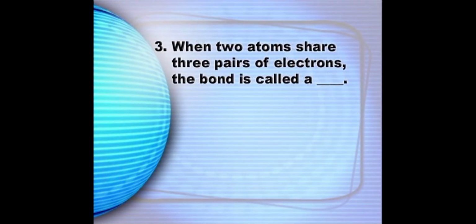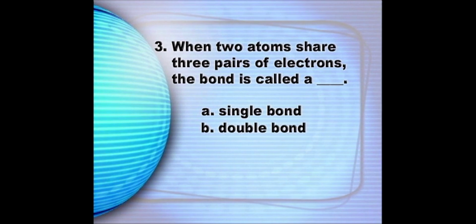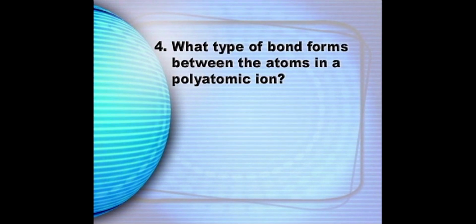Number 3. When two atoms share 3 pairs of electrons, the bond is called A. Single bond, B. Double bond, C. Triple bond. Number 4. What type of bond forms between the atoms in a polyatomic ion? A. Ionic.